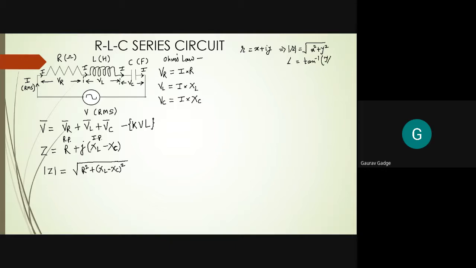I think all of you know that. These formulae we have already studied in trigonometry, geometry, algebra, and we are just taking the help of the Pythagorean rule to write the expression for mod Z.